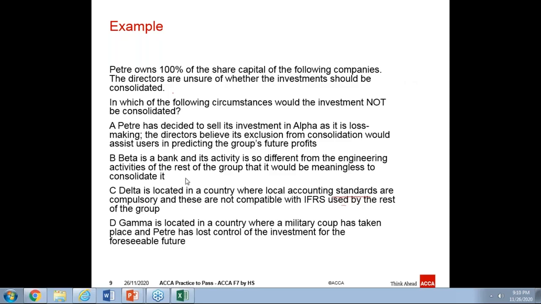C is saying that Delta is located in a country where the local accounting standards are compulsory and these are not compatible with the IFRS used by the rest of the world. Suppose the parent company is located in Pakistan and we in Pakistan follow the IFRS, and its subsidiary is located in the USA. The USA is currently using a different accounting standard, which is US GAAP.